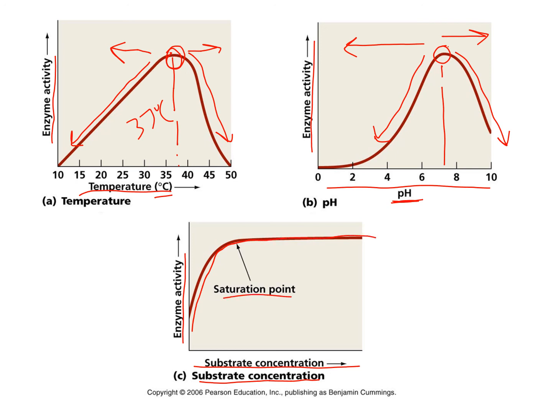So the saturation point, basically it's the point at which the enzyme is working as fast as it can. So even though you add more substrate, you cannot get a faster production of product. So the enzyme has reached its maximum rate as fast as it can go.